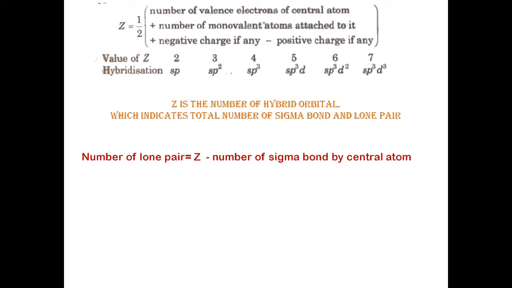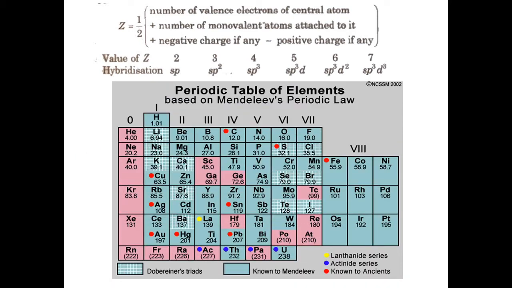Now, how to count the number of valence electrons of the central atom? Here I would like to mention that we need not write the 1s2 2s2 electronic configuration. Rather, we can simply use the Mendeleev periodic table. For groups 1 to 8 you will get the same number of valence electrons.